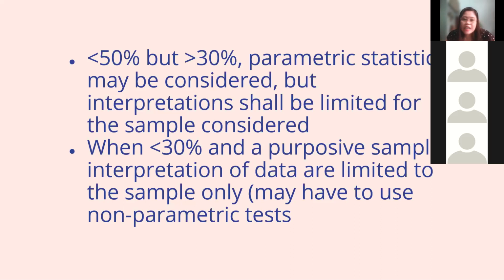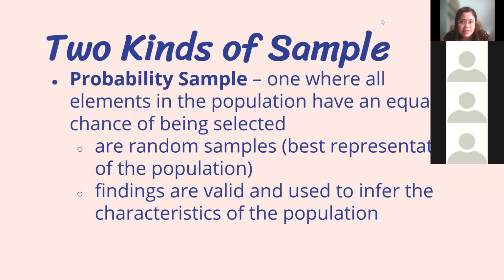Purposive kasi naa tay criteria, interpretation of data are limited also for the sample only. And pag mag-analyze na ta, we will be using a non-parametric test. But anyway, I'll be discussing also sa inyo unsa ang suitable statistical test if ever needed in your study.